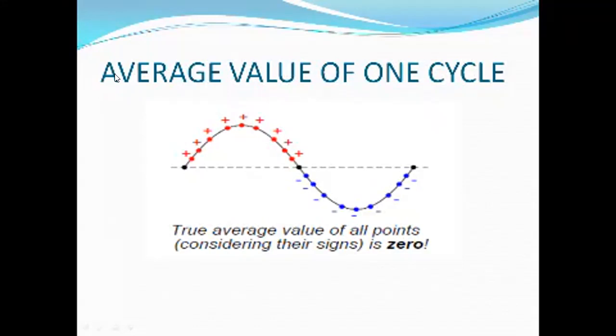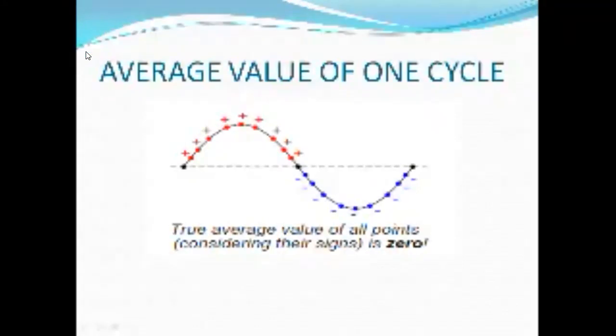The average value can also be expressed as that steady current which transfers across any circuit the same amount of charge as is transferred by the alternating current during the same time.